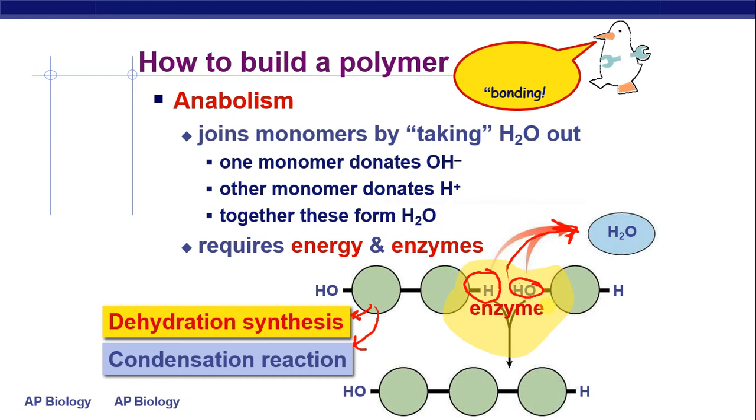So if we have enough energy and we have a specific enzyme to facilitate this, we can build big polymers out of monomers via dehydration synthesis.